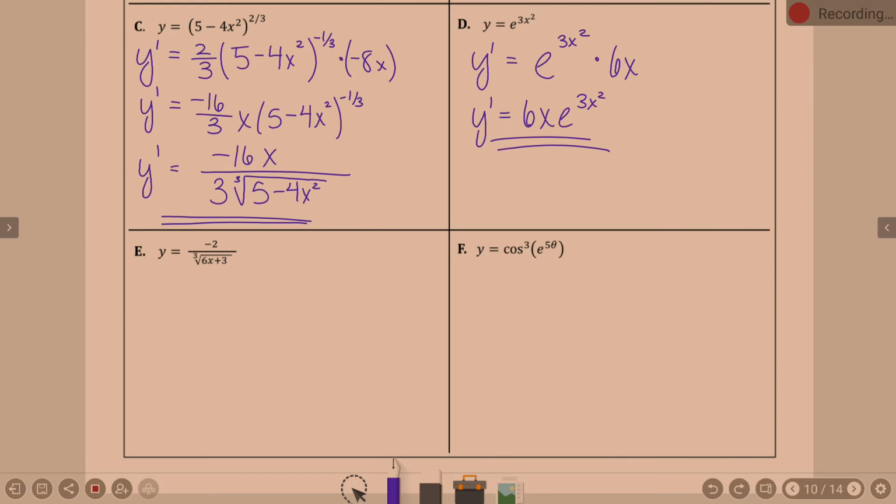Negative 2 times 6x plus 3. So if I rewrite this before I start differentiating, negative 2 goes out front, 6x plus 3 in parentheses, and a 1/3 root in the bottom is a negative 1/3 power, or a cube root in the bottom.